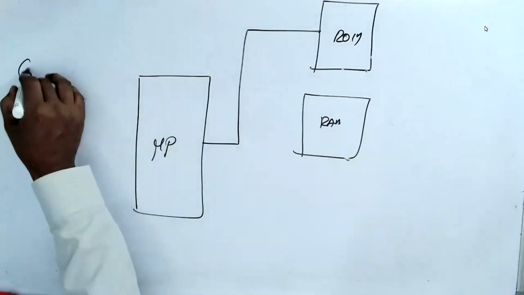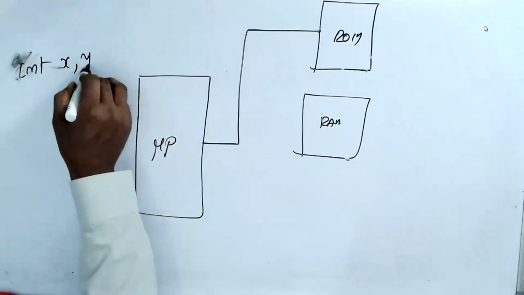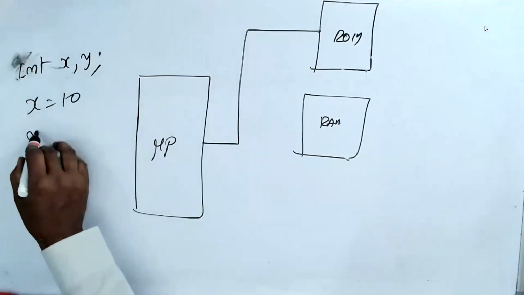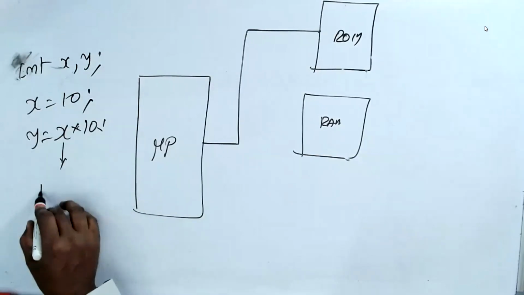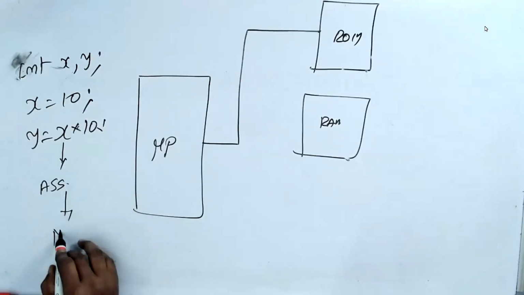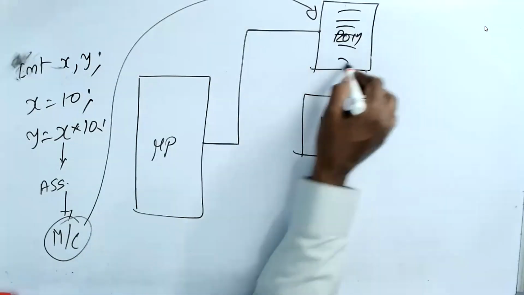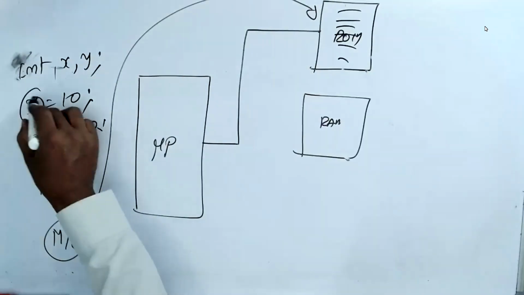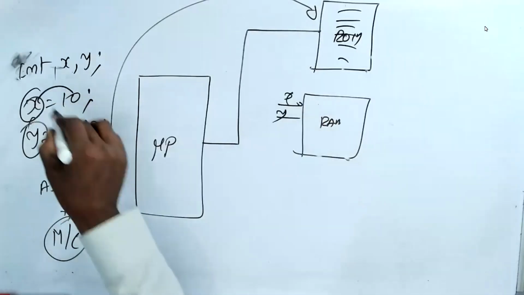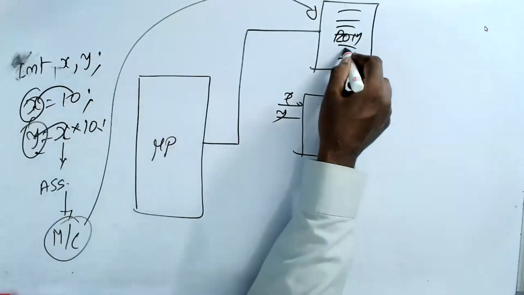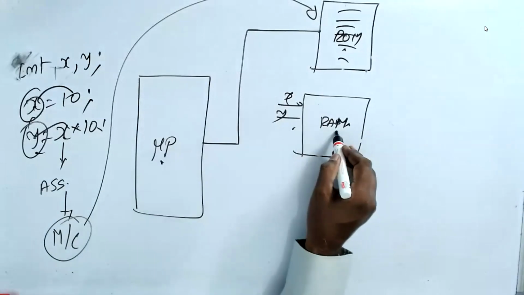Let's say I write a program: int x, y; x equals 10; y equals x multiplied by 10. You write a program, it gets compiled, you get assembly language, then you get machine language. This gets stored here, that is your program. But the x and y are stored here, because you are writing to them. If x and y were in the ROM, you could not write. The x and y are in the RAM. So the microprocessor uses a RAM.